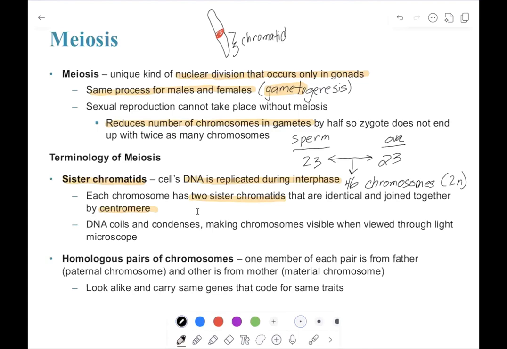And all along that chromosome, there are DNA segments which are going to encode for a specific trait. And there are homologous pairs of chromosomes. One member is from the father, the paternal chromosome. Another is from the mother, which is the maternal chromosome. So they look alike and they carry the genes that code for the same trait.